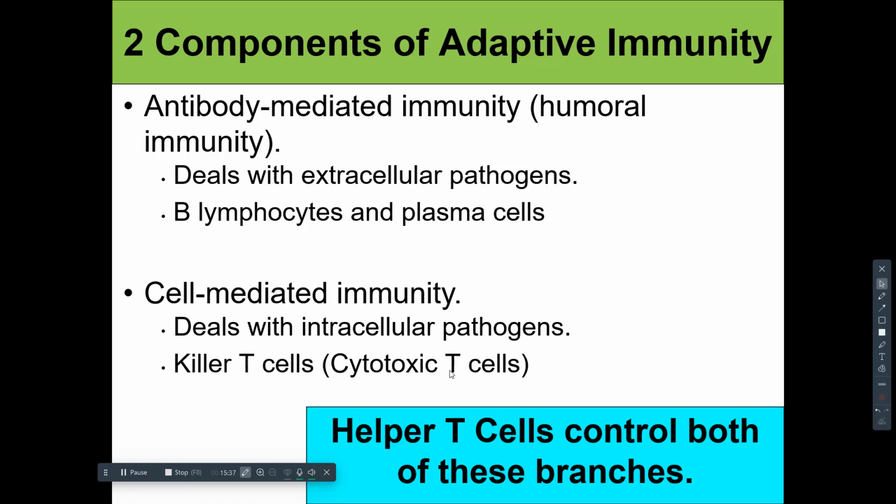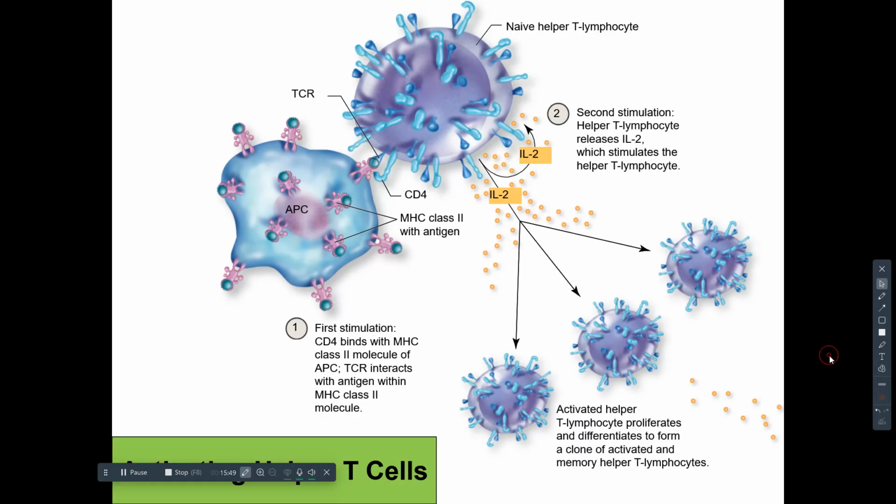Now, another important fact is that helper T cells are going to control both of these branches. So they're the ones in charge. Okay, so let's figure out how we activate helper T cells.